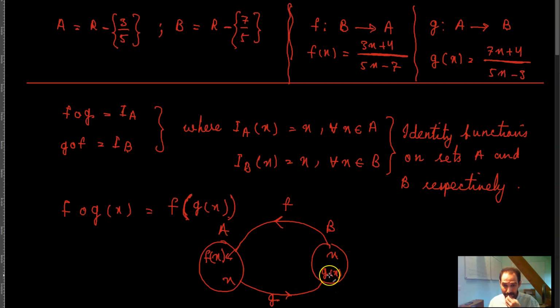Now, if I take g of x and use it as an argument for f, that gives me f of g of x, which is this function over here. Now, what we are saying here is that I of a of x is equal to x for all x belonging to A, and I of b of x is equal to x for all x belonging to B. And these two are called identity functions on set A and set B respectively.